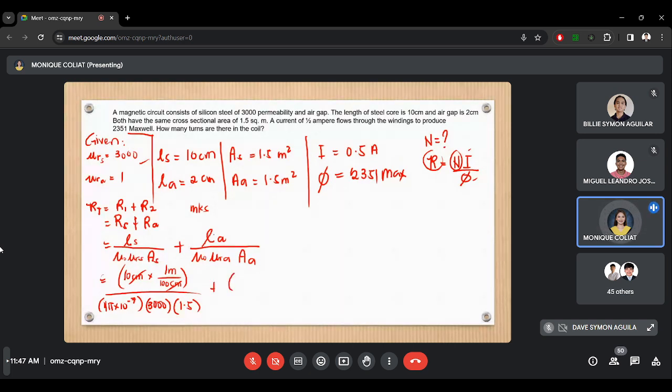Plus the length of air, which is 2 centimeters times 1 meter over 100 centimeters. Cancel this, we have meters. Then 4 pi again times 10 raised to negative 7. What is the relative permeability of air? We have 1. The area of the air is 1.5 square meters. So what will be your total reluctance?